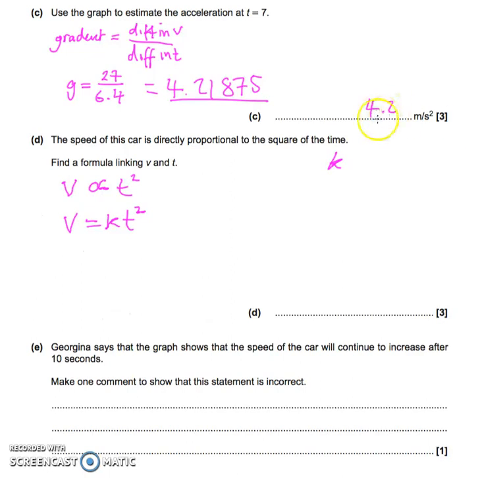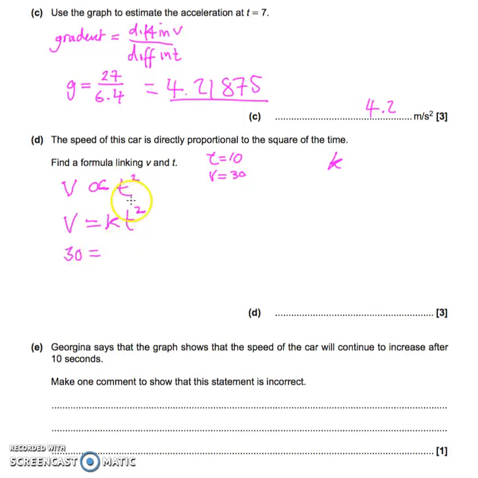Just get rid of the graph again. So I'm going to write down t is 10 for my substitution, and v is going to be 30, because we know that is what we've been using so far. Now I'll substitute those values in, and t squared is going to be 100 and v is 30.